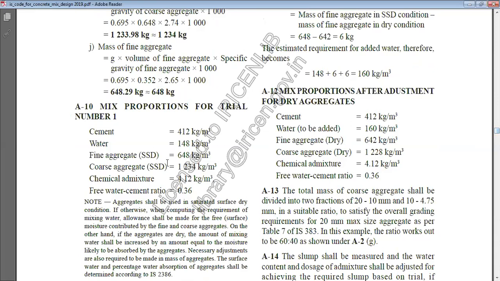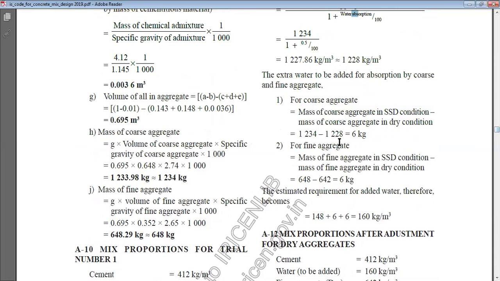But what about the water content? If you are using dry aggregate, it will absorb some water. So how much water will it absorb? The difference you need to calculate. That is 6 kg here, and 6 kg there. 0.5 percent of the coarse aggregate, 1 percent of the 640 fine aggregate.